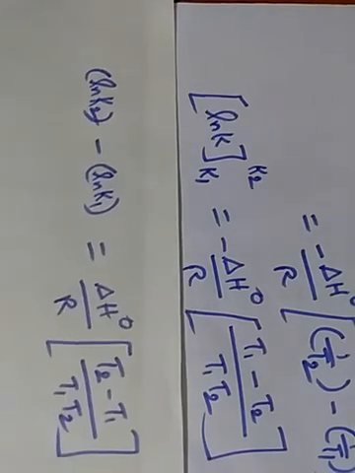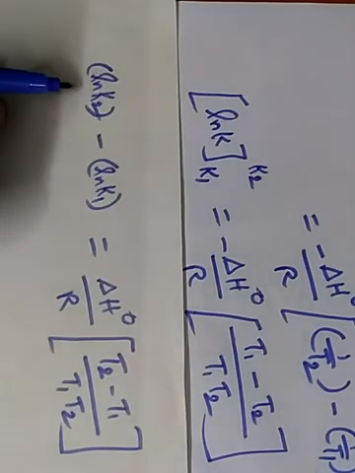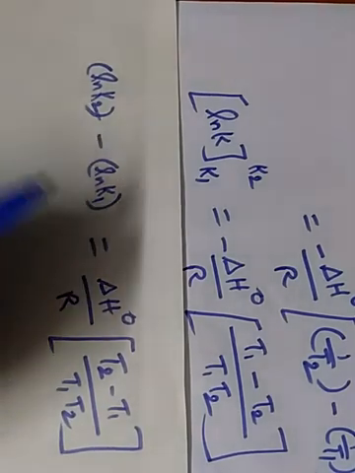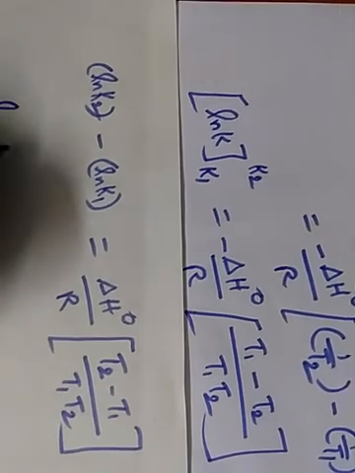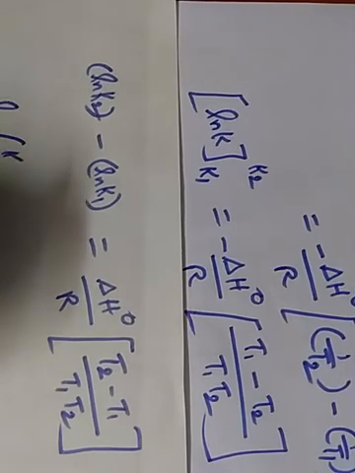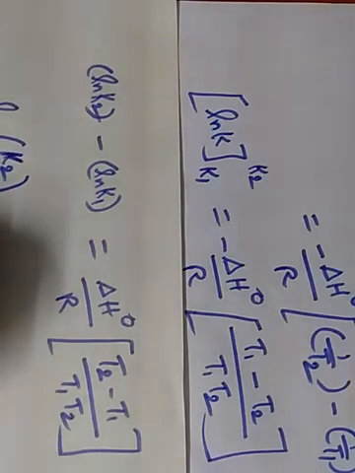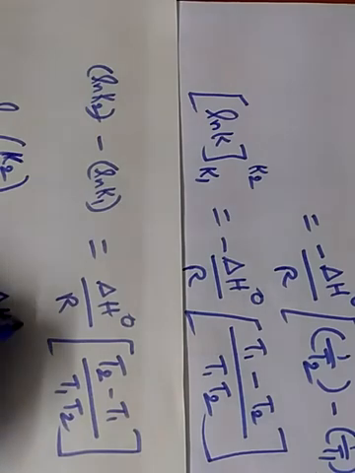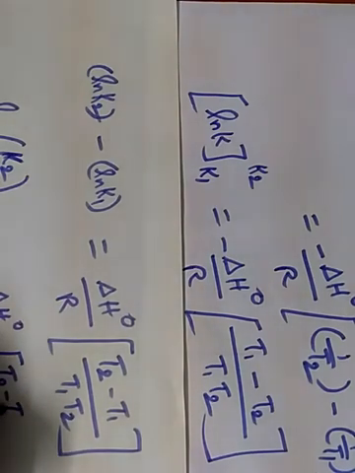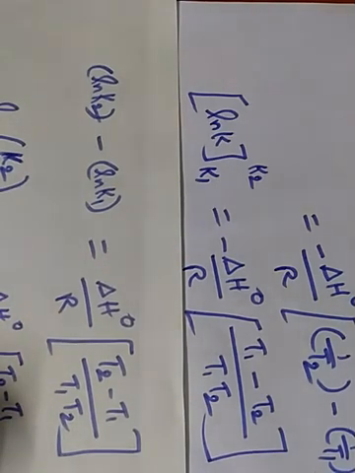Now we all know the relation log m minus log n. So we can write it as log m by n, K2 by K1, which is equal to ΔH° by R into T2 minus T1 by T1 T2.